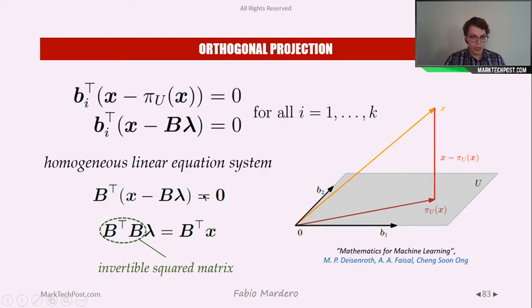Now, given this expression, we can compute the subtraction and get that this invertible square matrix times the lambda vector is equal to B transpose times x, the vector we want to project onto U.